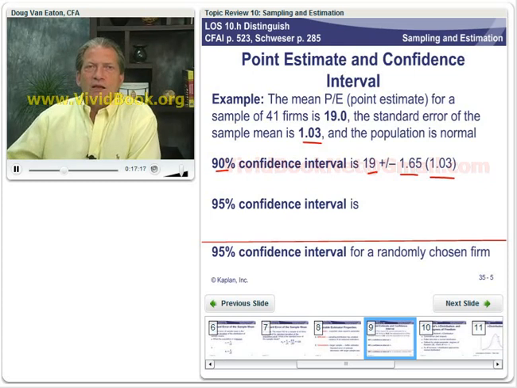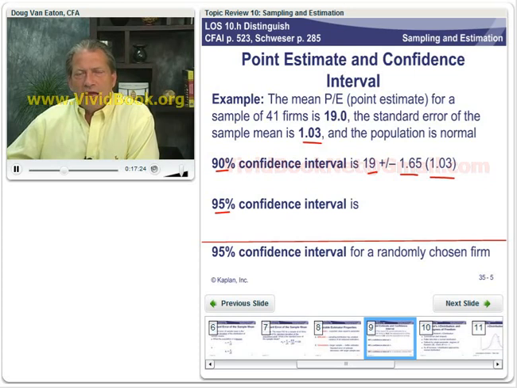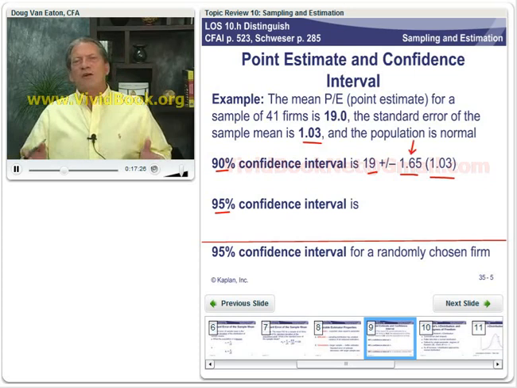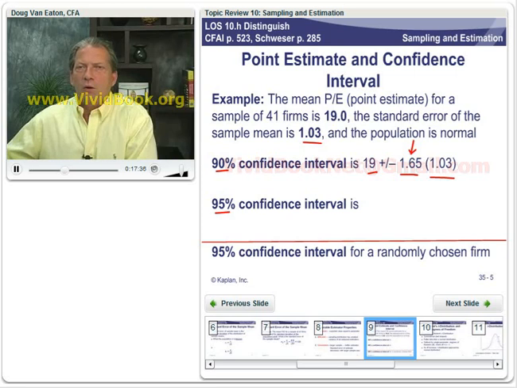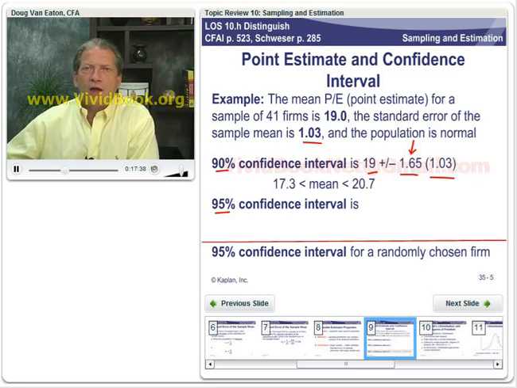For a 95% confidence interval, what's going to change? Just this reliability factor. Because now we want an interval that puts 2.5% in each tail and 95% within the interval. And so that's our reliability factor of 1.96.